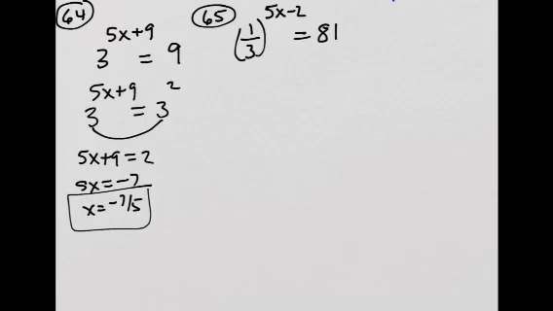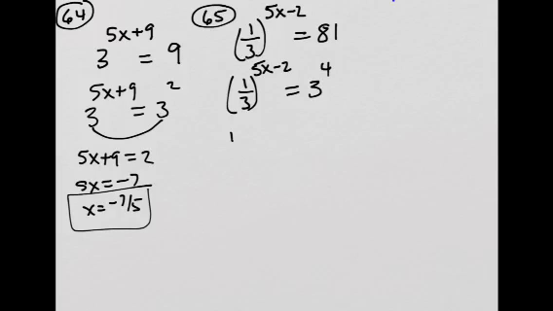Alright, so 65 is similar to 64, in that the bases are not the same, but I know, and you should know, that 3 to the 4th power is 81. But again, so let me write that first. 1/3 to the 5x minus 2 is equal to 3 to the 4th, but the bases are still not the same.